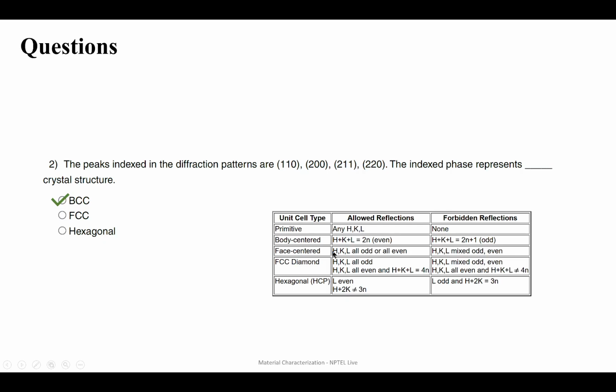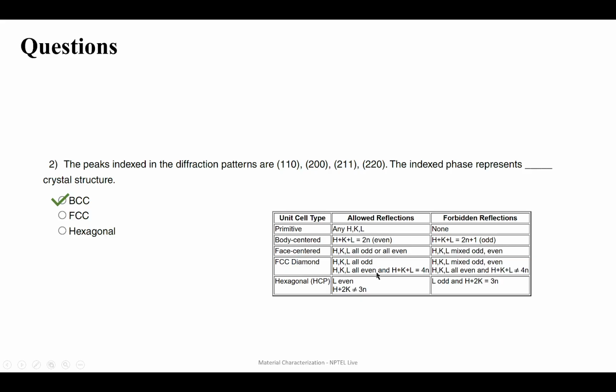Now, if you have FCC, that is face centered cubic, then the allowed reflections should have HKL all odd or all even. If they are mixed, then that is forbidden. So you can see here in 110 it is both odd and even, so this will be forbidden for FCC. For the FCC diamond lattice, if HKL are all odd, they are allowed.